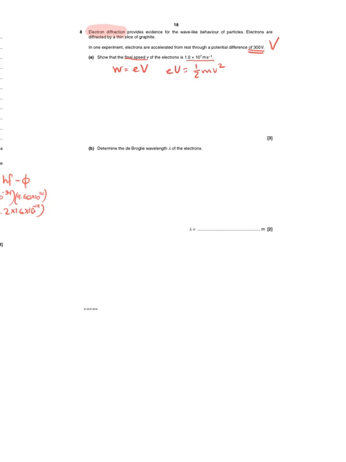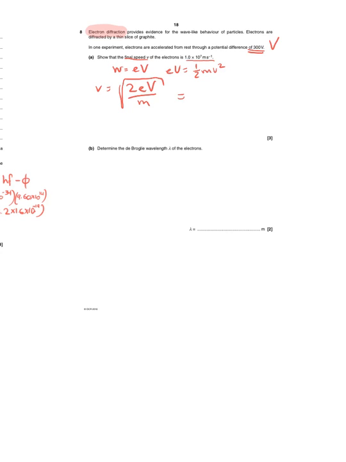Using this equation and rearranging for v, you get the square root of 2eV over m. So what I did, I multiplied both sides by 2, I divided both sides by m, and then I square rooted both sides.